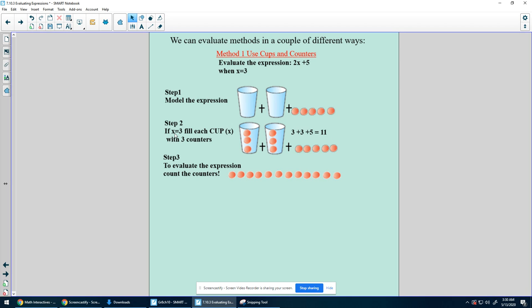Step 2, if x is equal to 3, fill each cup, which is representing x, with 3 counters like we have right here. And that shows 3 plus 3 plus 5. And then step 3, evaluate the expression. So we put all of our counters together, and that gives us 11 counters.